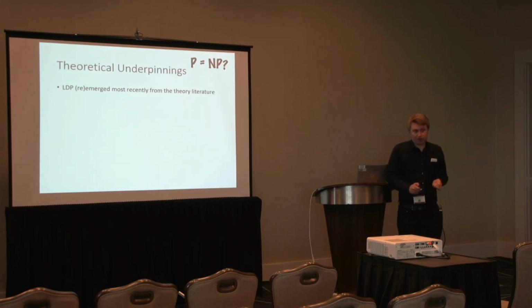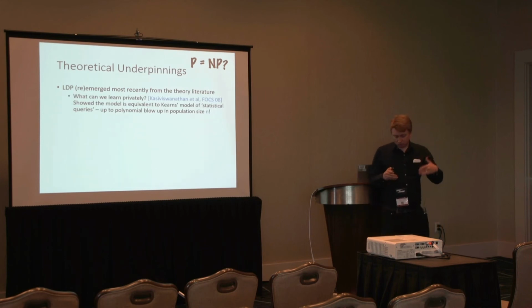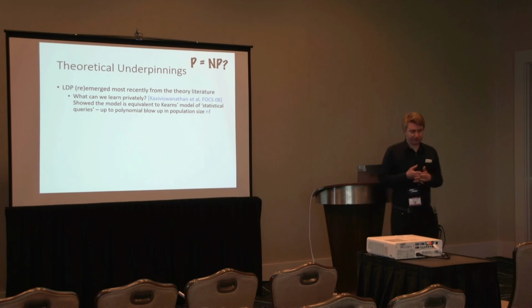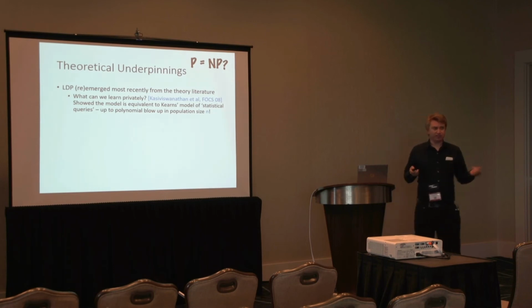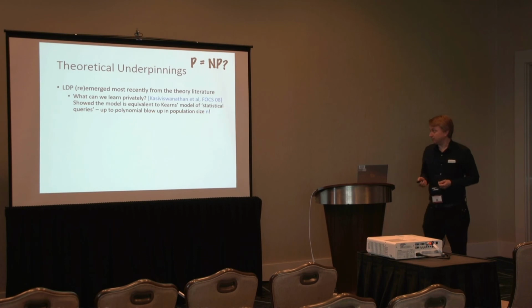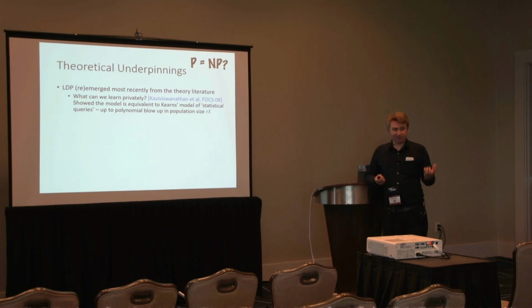There are deep theoretical questions here, and indeed, we didn't really get the chance to go into much depth on this. But one of the reasons that local differential privacy has attracted so much study is that maybe 5 or 10 years ago, a few papers came out from the theory community that suggested this was something interesting. In fact, for 10 years, we've known a characterization of the expressivity of the LDP model: it's equivalent to the model of statistical queries.